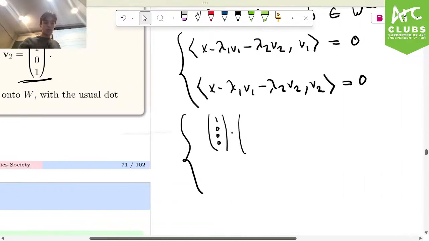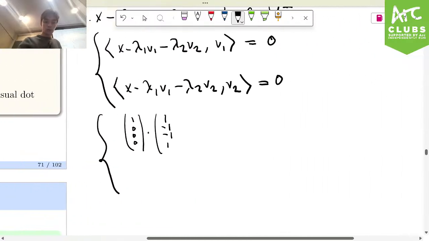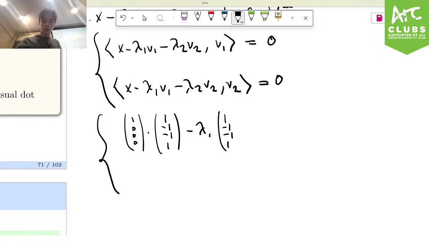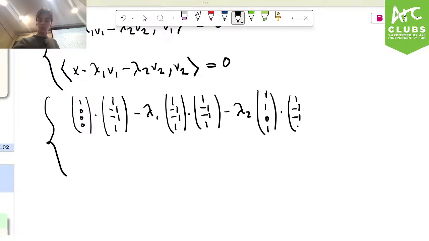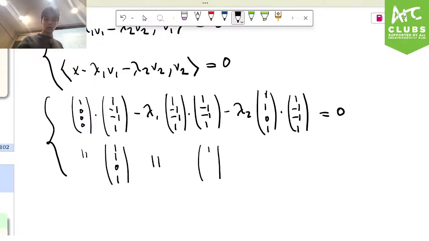And this all should equal 0. And the second line is something very similar, except we have 1, 1, 0, 1 here, also equals 0.